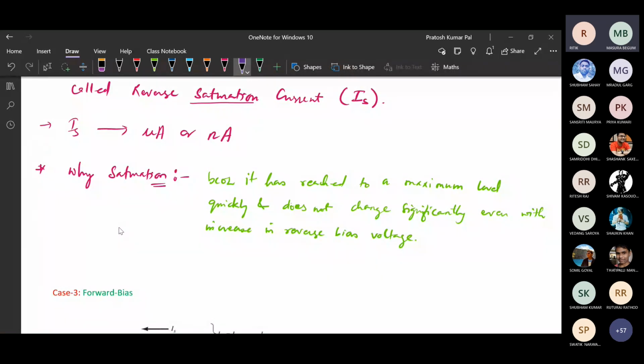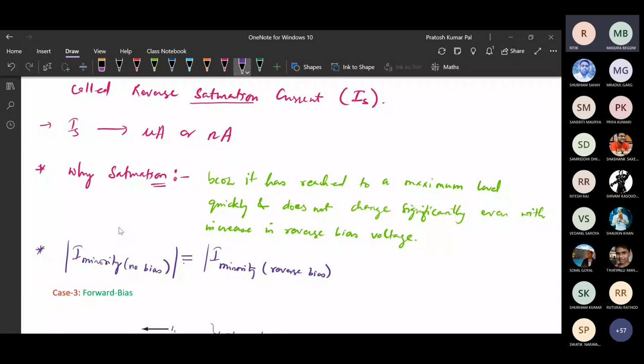Whatever current was there because of the minority carriers in the no bias case will have the same magnitude of minority carrier current in the case of reverse bias.